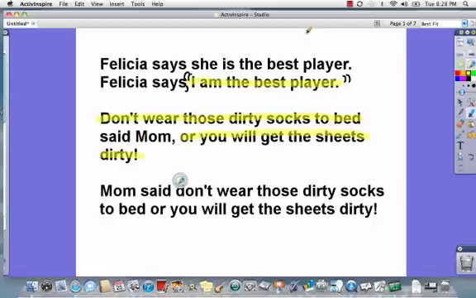"Said Mom" is just to tell you it's a quote. So we put quotes in front. We put quotes at the end here and a comma because it's not the end of her sentence. We leave "said Mom" as it is. We put more quotes for the second part and more quotes outside the exclamation point.